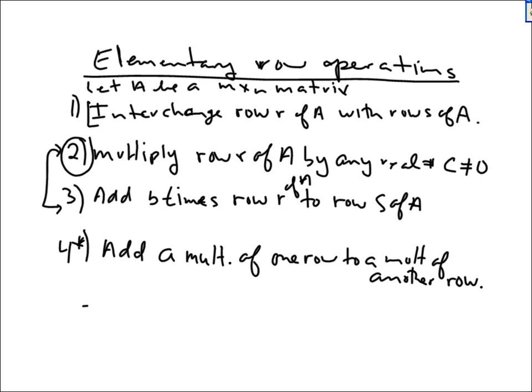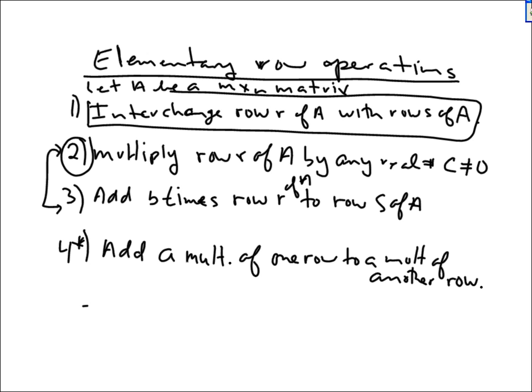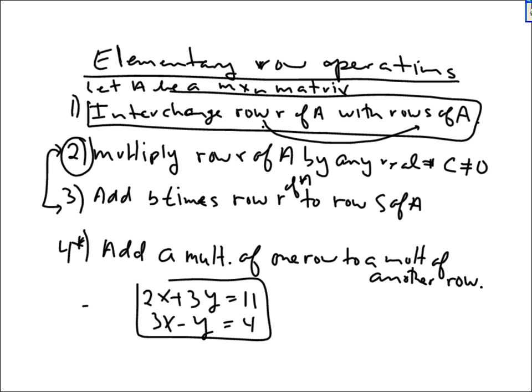Instead of rows, just think equations. You can interchange equation R with equation S. I mean, the solution to 2x plus 3y equals 11 and 3x minus y equals 4 has the same exact solution as this system of equations.